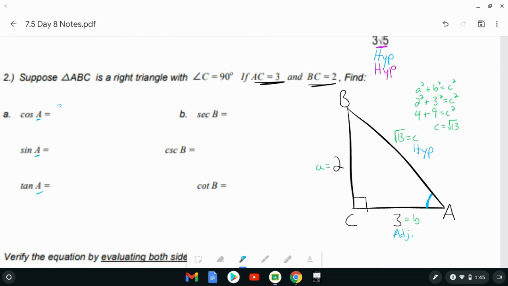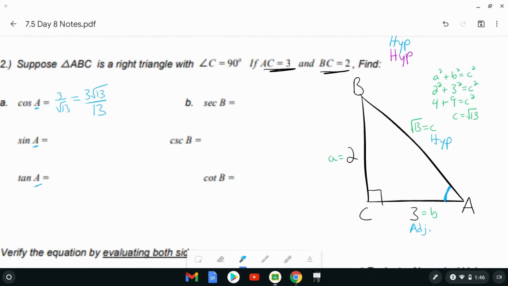So we have 3 over the square root of 13, which is 3 root 13 over 13. Sine would be that opposite over the hypotenuse, so 2 over square root of 13, which is 2 root 13 over 13. And tangent, which again is opposite over adjacent, so it's 2 over 3.